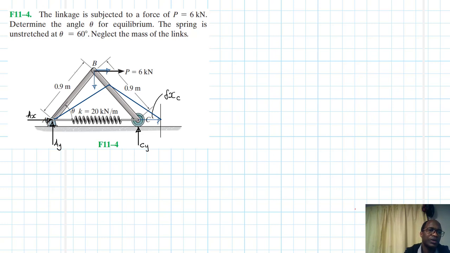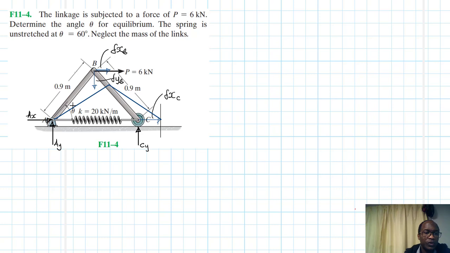Okay, so this movement here is going to be equal to del xb, and this one is del yb.